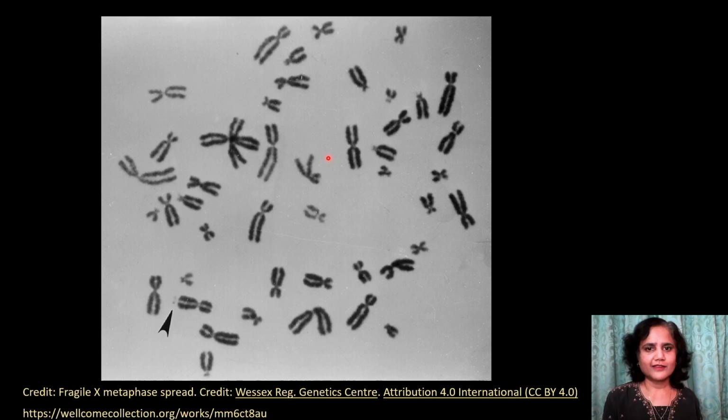So this means that the centromere is in the center, that is, a primary constriction is in the center, and the arms on either side are of equal size. Such a chromosome is referred to as a metacentric chromosome. And here you can see different kinds of chromosomes. There's submetacentric, telocentric, and so on, depending on the relative position of this primary constriction.